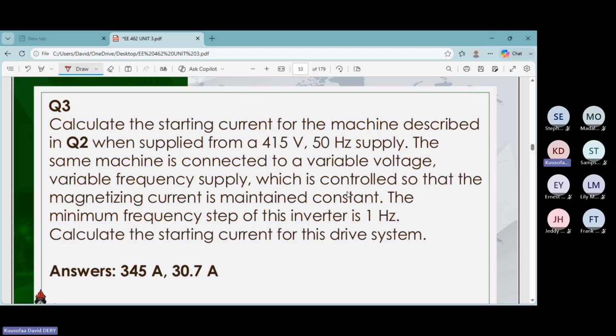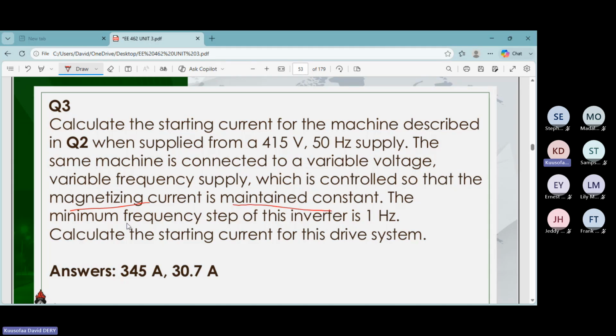Okay, so we are referring back to example 2. We are asked to calculate the starting current for the motor, and we are told that it's now supplied from a variable frequency supply, and the field current is controlled to be constant, right?